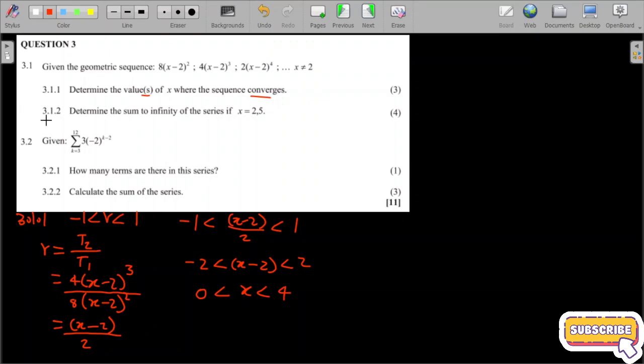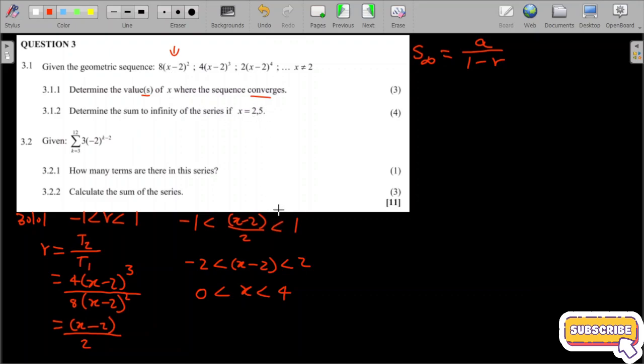Now let's go to 3.1.2. They're asking us to determine the sum to infinity. The formula for the sum to infinity is a over 1 minus r. I need to get my value of a, so I substitute the value of x they gave me.